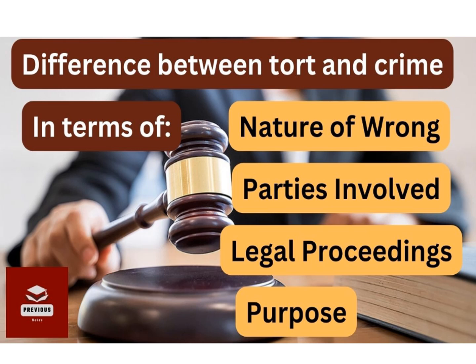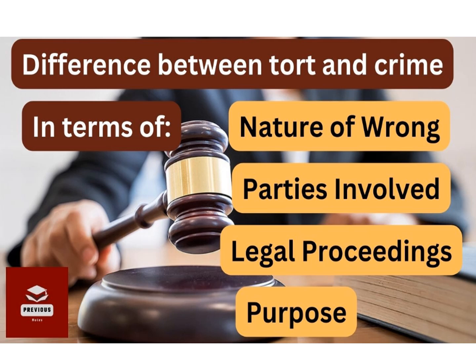As we studied in previous slides, tort and crime can be differentiated in terms of nature of wrong, parties involved, legal proceeding and purpose. For nature of wrong, a tort is a civil wrong against an individual, while a crime is against the complete society. The parties involved in a civil wrong are plaintiff and defendant.